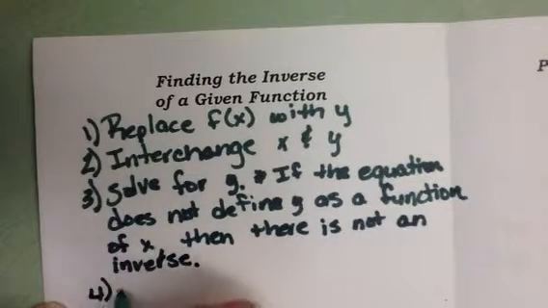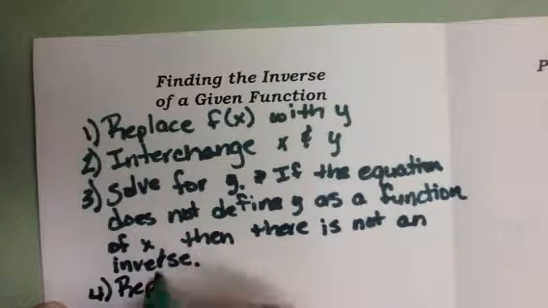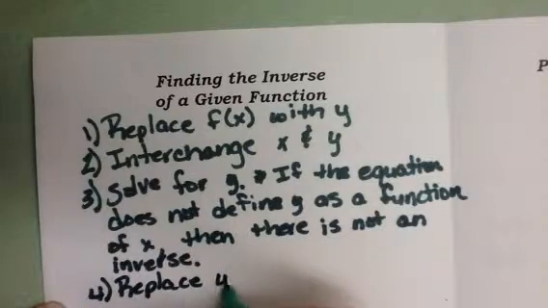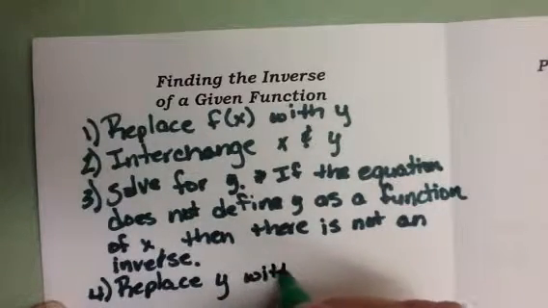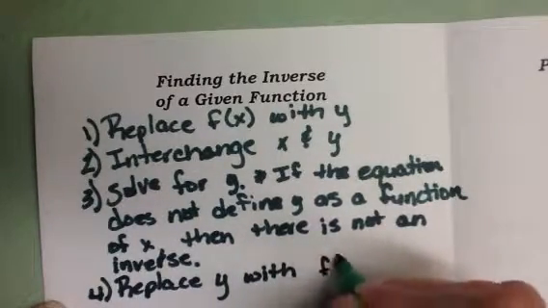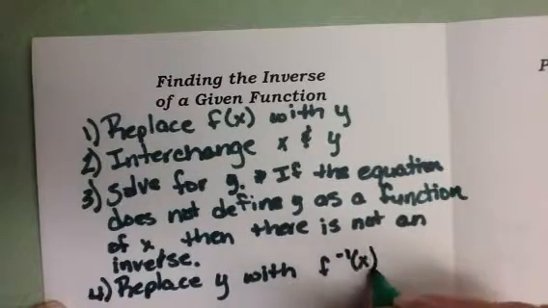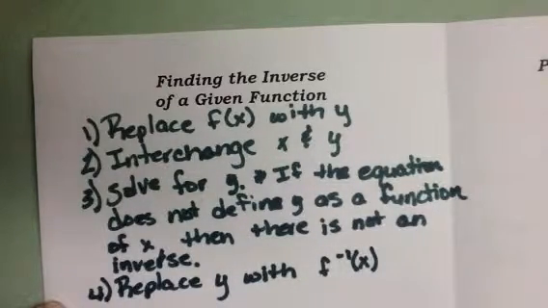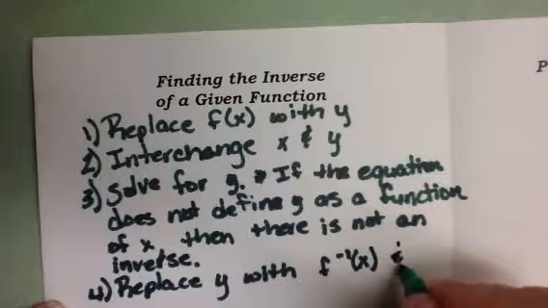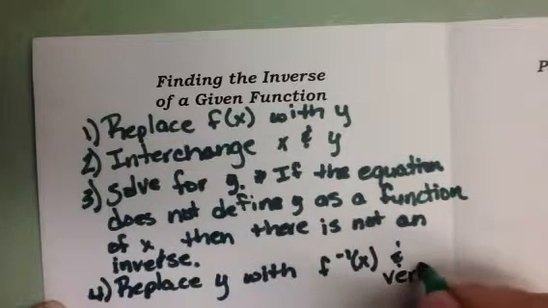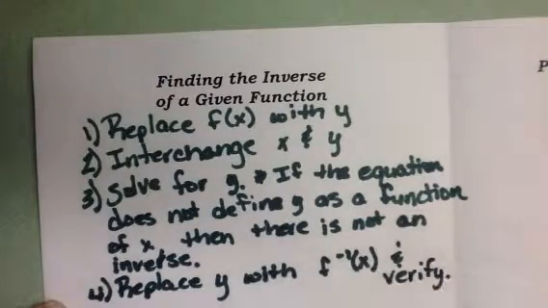And then 4, replace y with the notation for an inverse, which is f to the negative 1 of x. And verify. And we'll learn in just a minute how to verify them.